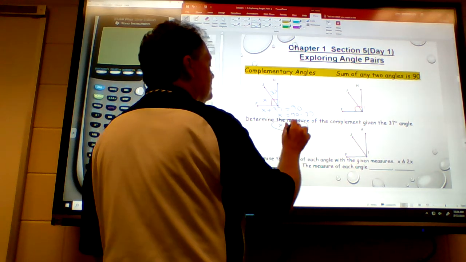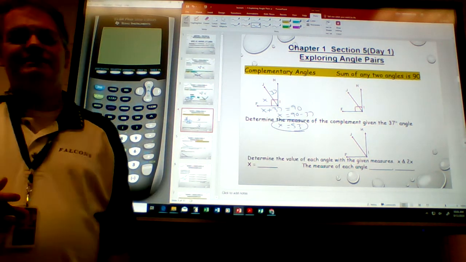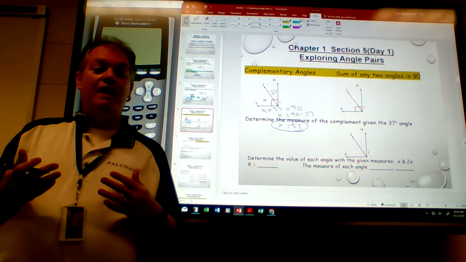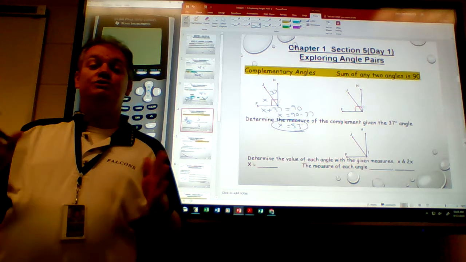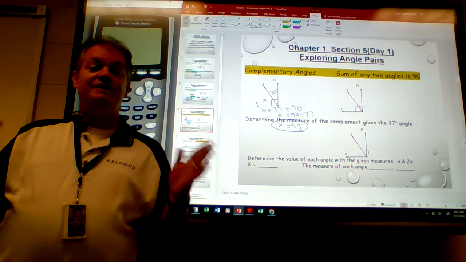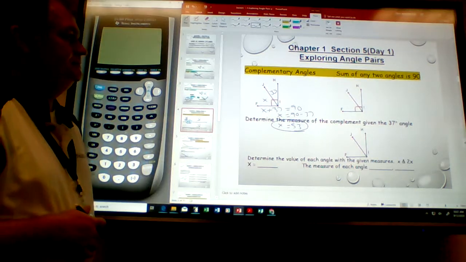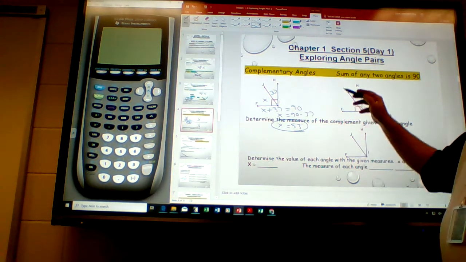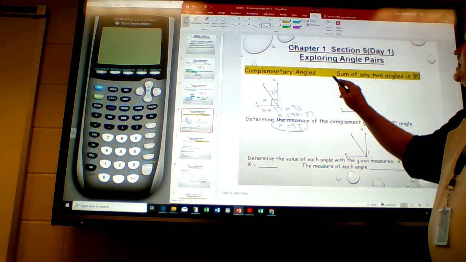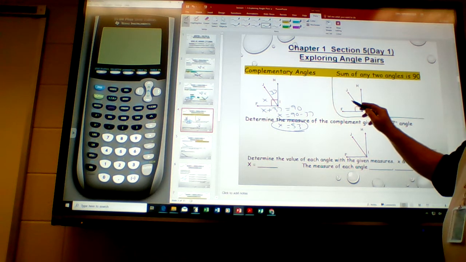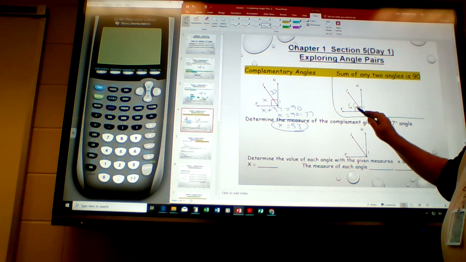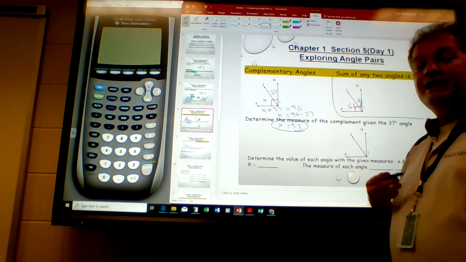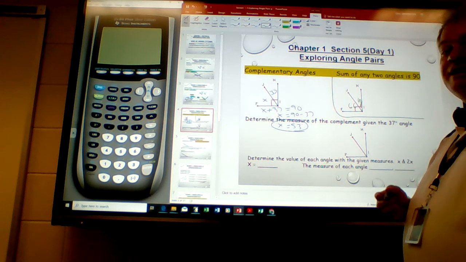Now, as I told you earlier, on notes, and if we were doing homework papers, you'd want to put the degree symbol. But on Canvas, don't try to type the symbol in. Just type in the number. And the same thing goes here. Let's say, I'm just going to throw out another number. Let's say that this angle here has a measure of 66 degrees, and we're going to call that y. I'm just giving you a number or a variable that I don't know.